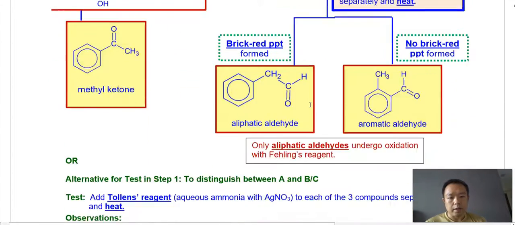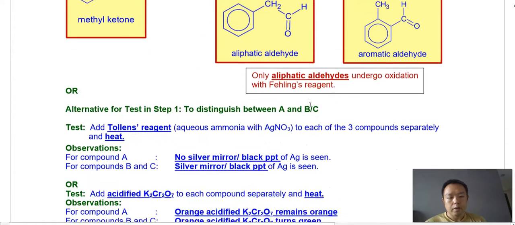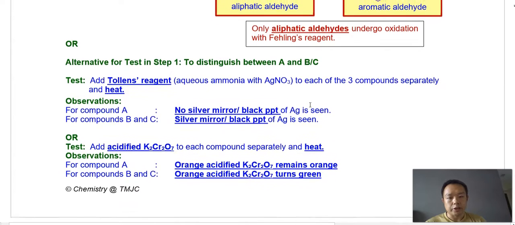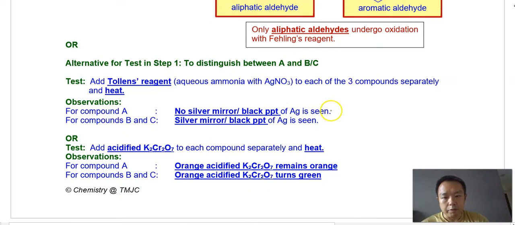Okay, so with that, I'm done with question 5. Take note, when you write observations, how do we write observation? Remember, we have to write the observation for both the positive test as well as the negative test. For the positive test, most of you have no issues. You will be largely able to write the correct observation if you remember your book well. But for the negative observation, please do not write no visible observation.